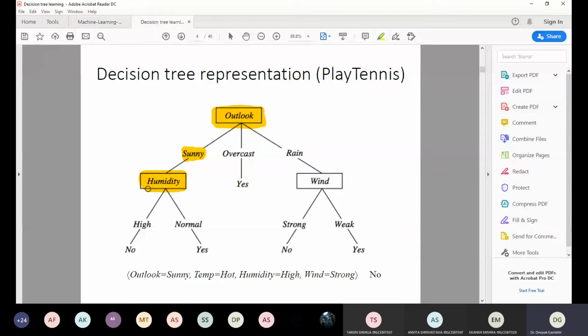The nodes are basically the parameters, and we will track down the tree to get our output, whether it is a yes case or a no case. In the case of binary classification, we are going yes or no.